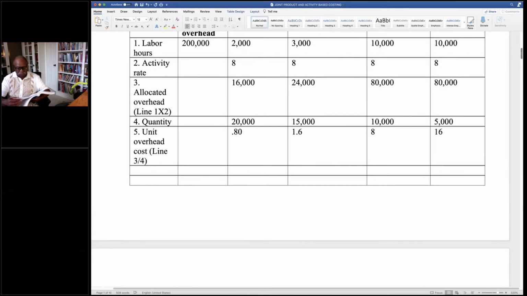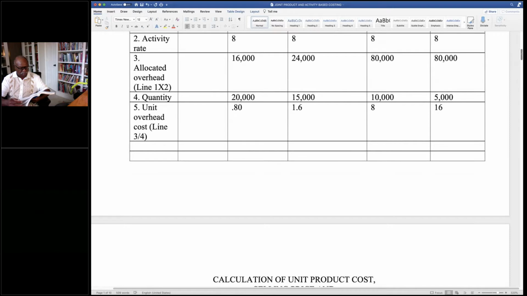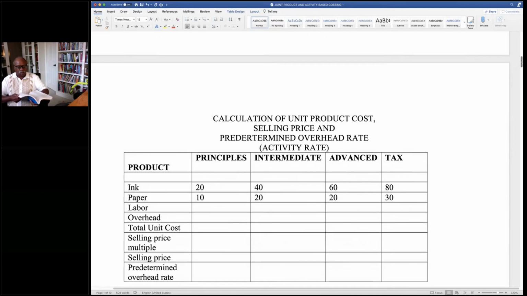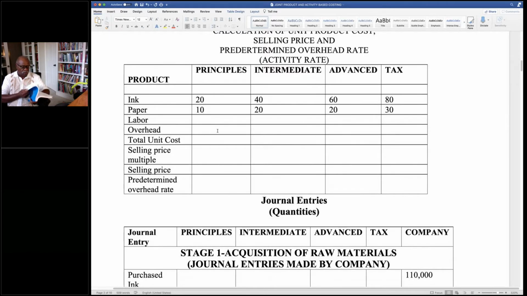The labor was 0.8, 1.6, 8, and 16. So we're gonna put 0.8. Yeah, that's 1. It's supposed to be 1. Oh, my bad. I'm at the wrong one.